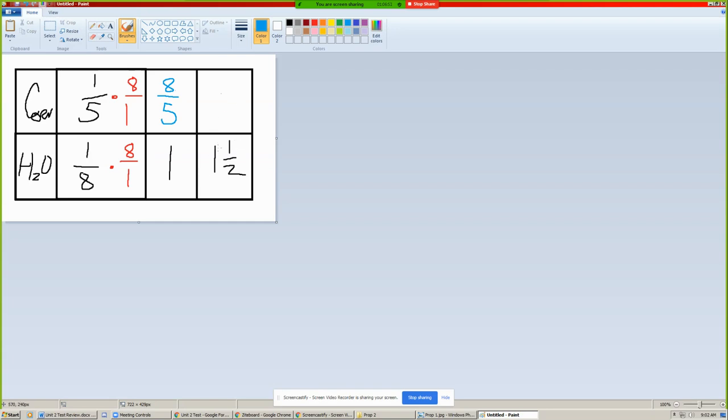Then over here, if we have 1.5, you might need to turn this into an improper fraction, 3/2. What do you multiply by to get that? You multiply it by 3/2, so you're multiplying this by 3/2. So you might get like 24/10 here. Okay, so using reciprocal multiplication.